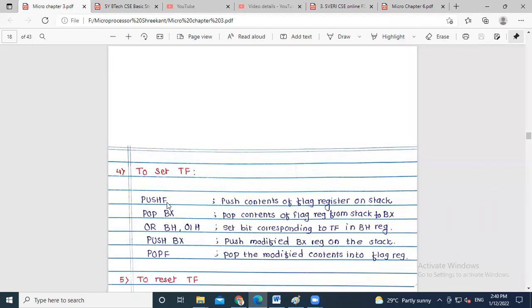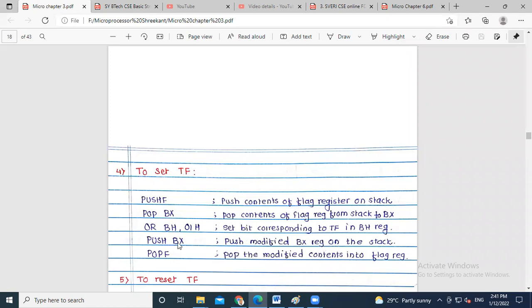So here, PUSHF pushes the contents of the flag register onto the stack, and POP BX pops the contents of the flag register from the stack into BX, and OR BH, 01H sets the bit corresponding to the trap flag in the BH register.